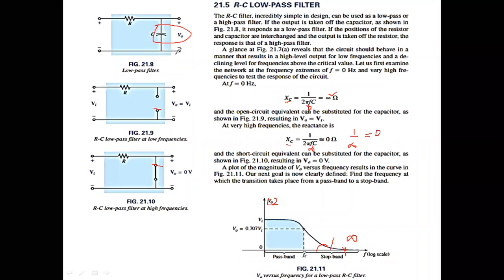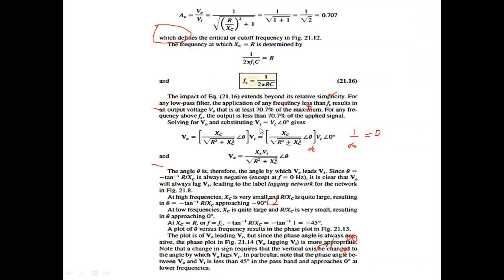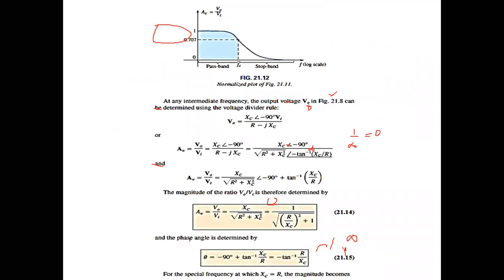So Vout will be equal to Xc, the impedance of the output, divided by the series of these two, R minus jXc. So Xc divided by R minus jXc. In polar format, Xc minus jXc means Xc at an angle of minus 90 degrees, times Vi. This is the voltage divider rule, divided by R minus jXc.